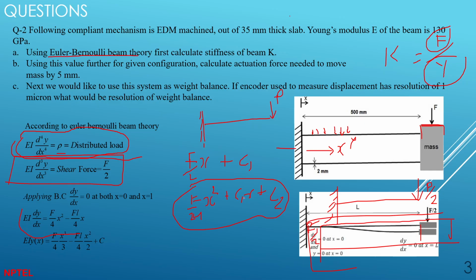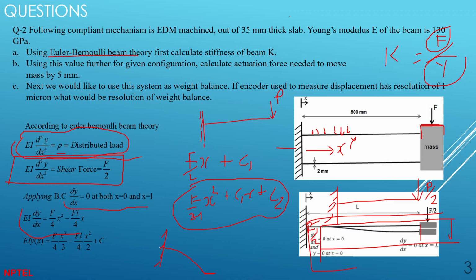So what you can do is apply this boundary condition, where the deflection at x equal to 0 and at y equal to 0 are 0. Please do remember this boundary condition. This only applies for a compliant mechanism. What it means is that when you apply this force, the beam will bend like this. But there is some kind of mass here, so it will look like this.